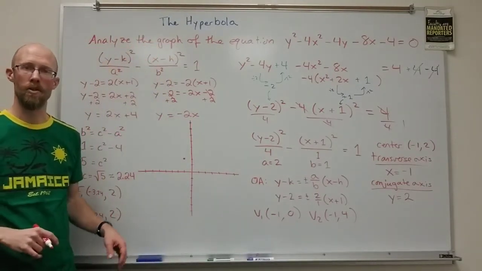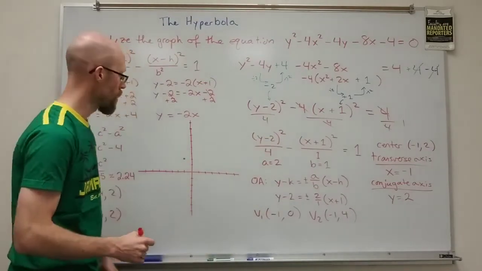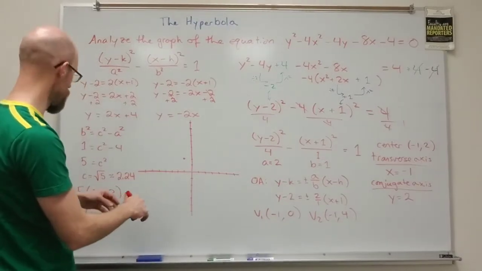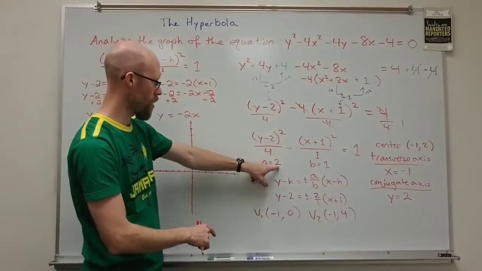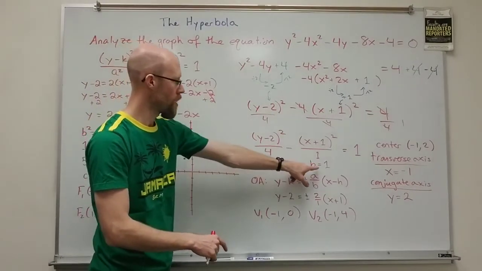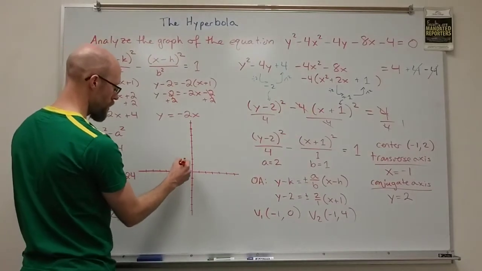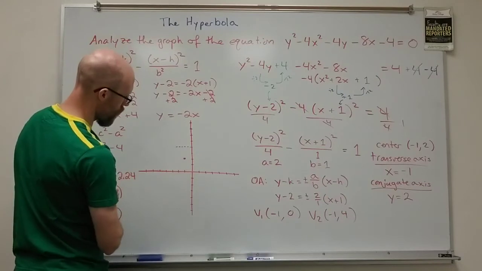All right, and now, from the center point, best thing to do is just to draw the box in, okay? So I could plot all the points, but let's go with the box first. The box goes in the y direction up and down 2 from the center, and in the x direction left and right 1. So up and down 2, that puts us at 4 and at 0.